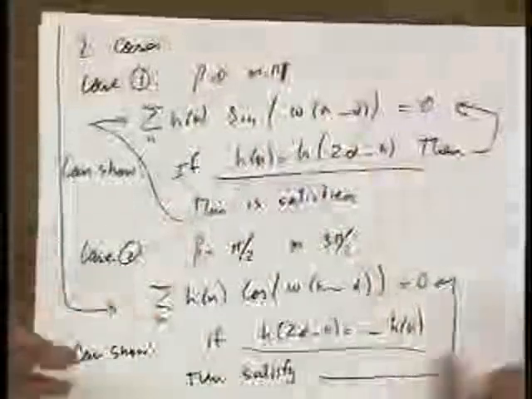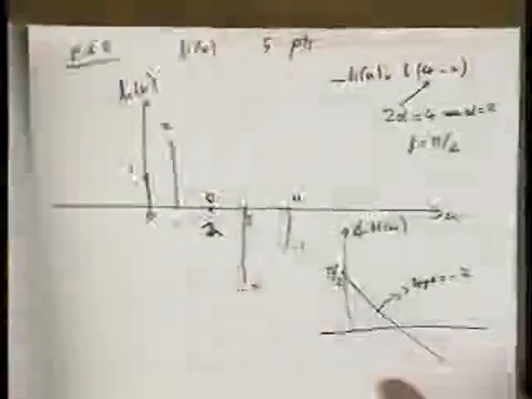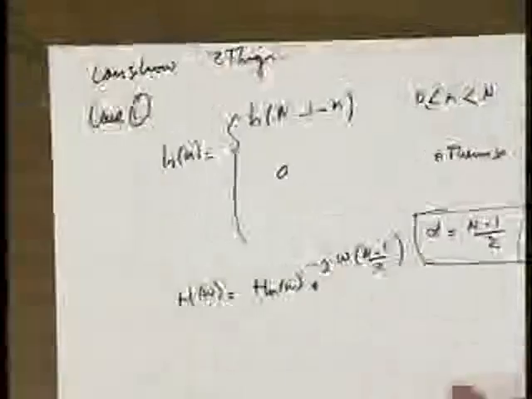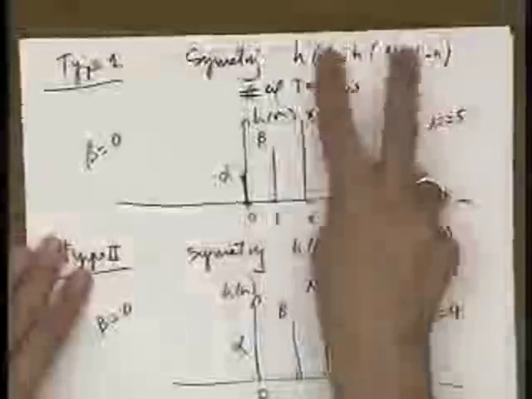And then what we ended the lecture with was that, depending upon whether the number of taps is even or odd in each of these two cases, you get 4 different types of filters: type 1, type 2, type 3, type 4. Type 1 is when you have the symmetry condition and the number of taps is odd.